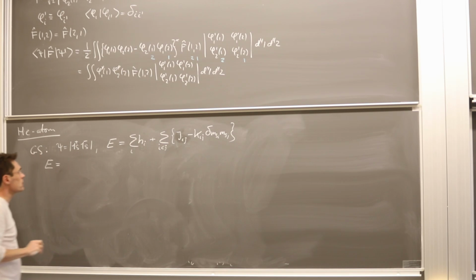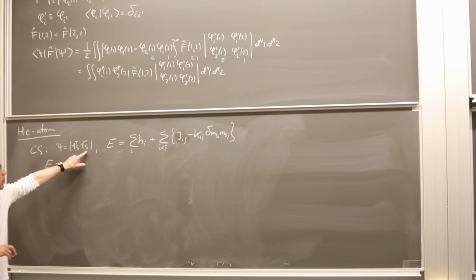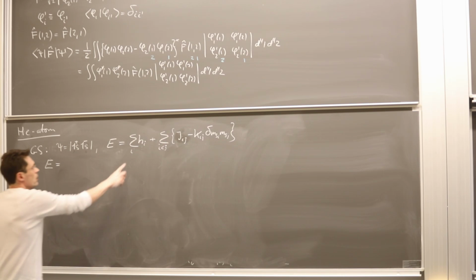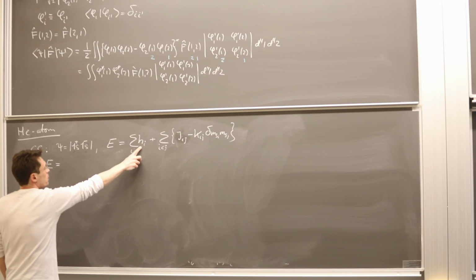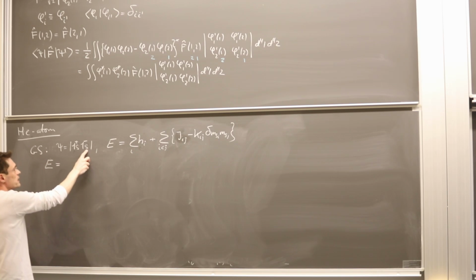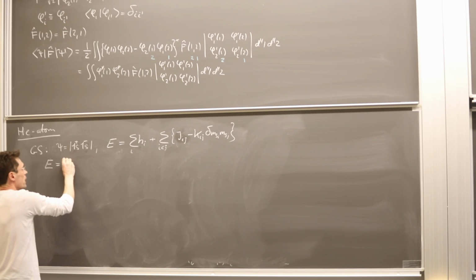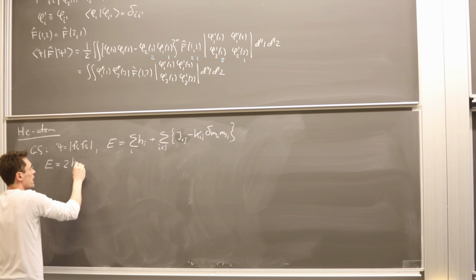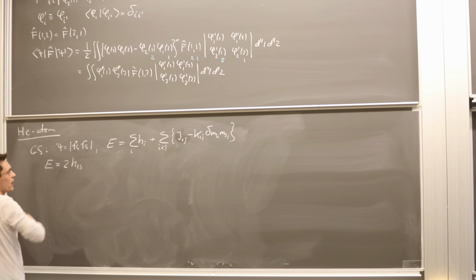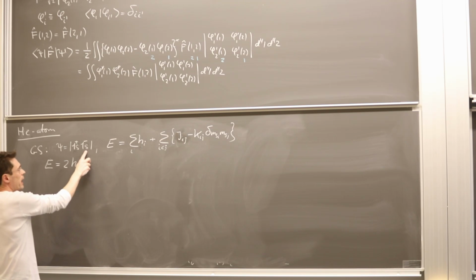So this is what I want to apply to the helium case. So these are my two orbitals, and obviously they have different spins. So first I have the sum over single body contributions. Both of them are 1s states. So here I get 2 times H 1s. Then I have a single pair here.